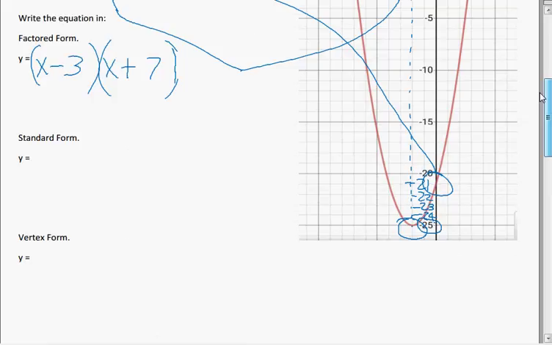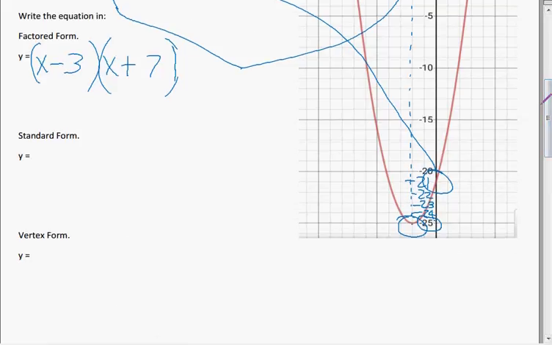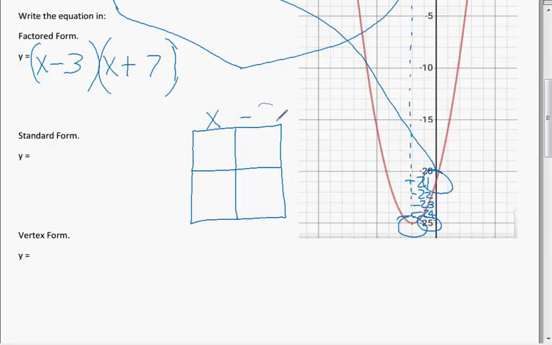The second thing I want you to do, write the standard form. Standard form, we've already seen the relationship between the standard form and the factored form. We multiply the binomials, and I'm going to do that using the area model. With my area model, I multiply the two sides, x times x.